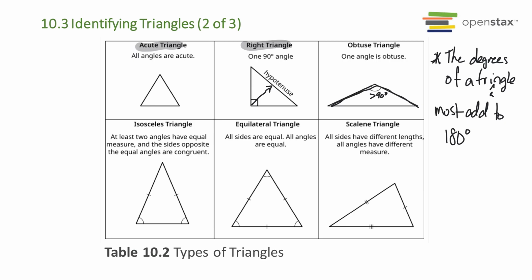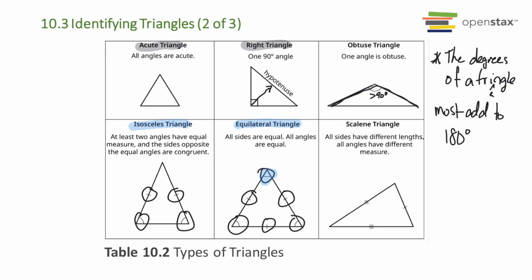Now, if we look at classifications based on their sides, then we have what's called an isosceles triangle. Isosceles triangles are ones where two sides are the same. That's indicated by these two hash marks on this side, and these two angles are the same. So this is an isosceles triangle. Two of its sides are the same. An equilateral triangle is one where all the sides are the same, and also all the angles are the same.